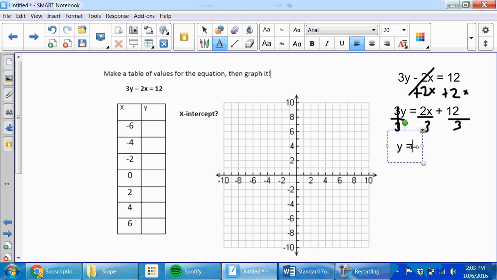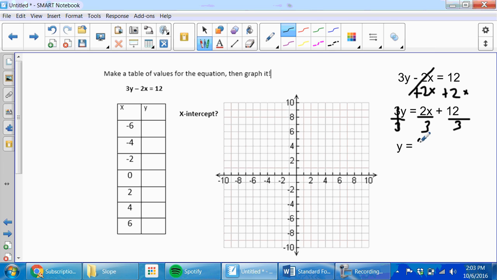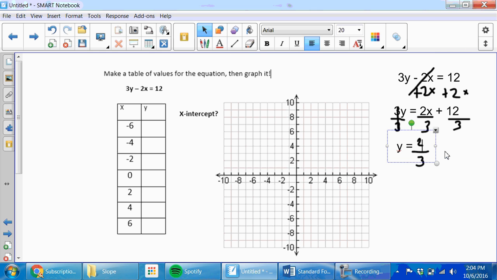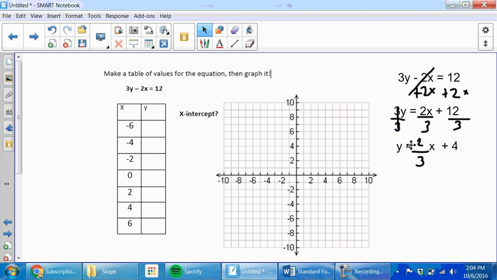That's exactly what I want. Then this just ends up being 2/3 x, and 12 divided by 3, the last thing will be plus 4. So now I've got it in that form.